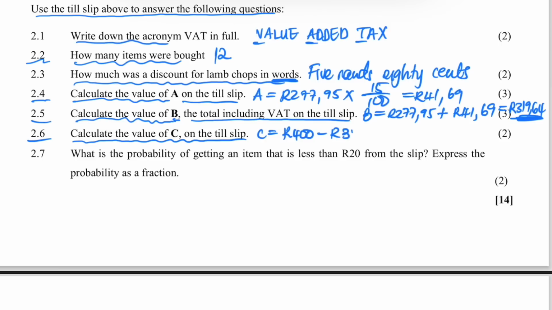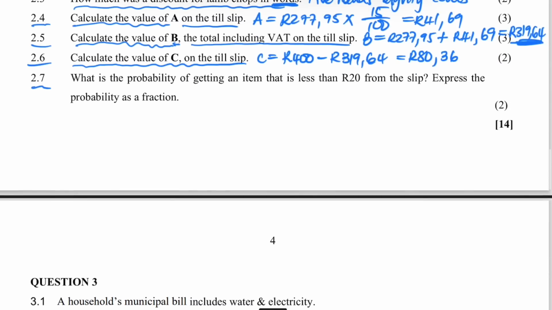So it's going to be 400 minus 319 rands 64 cents. So the answer is going to be 80 rand 36 cents, which is the change.